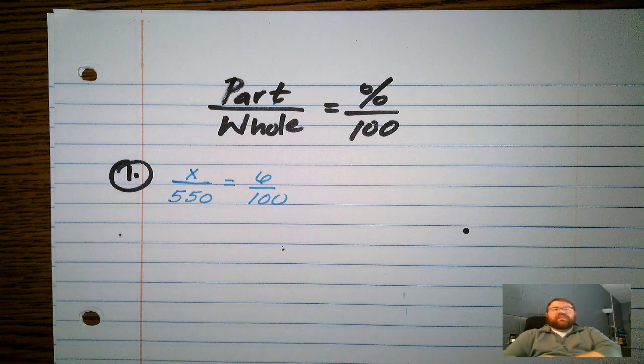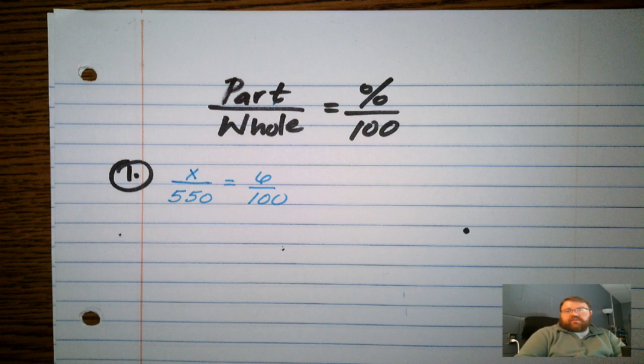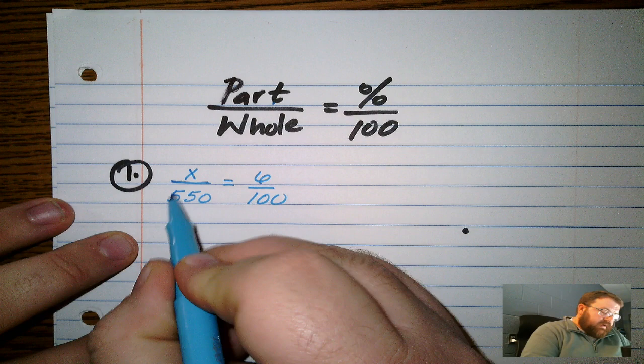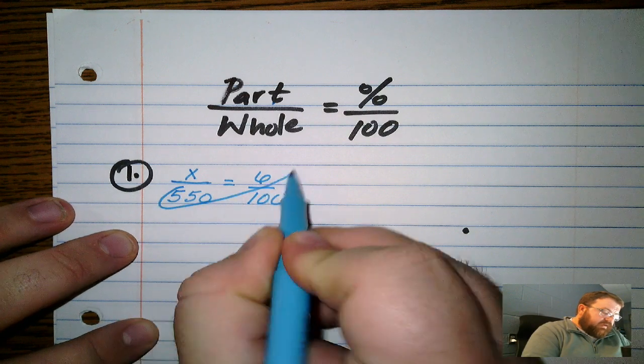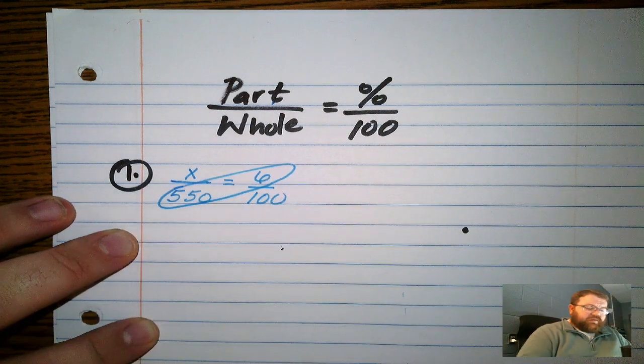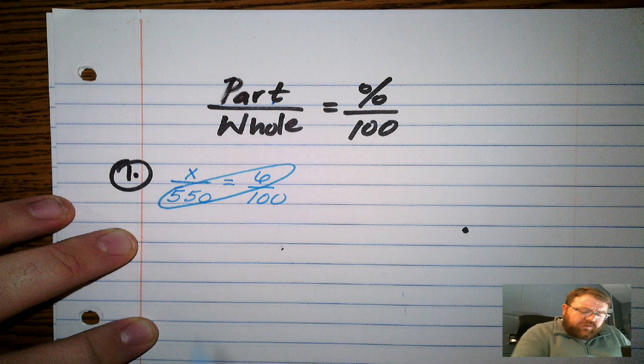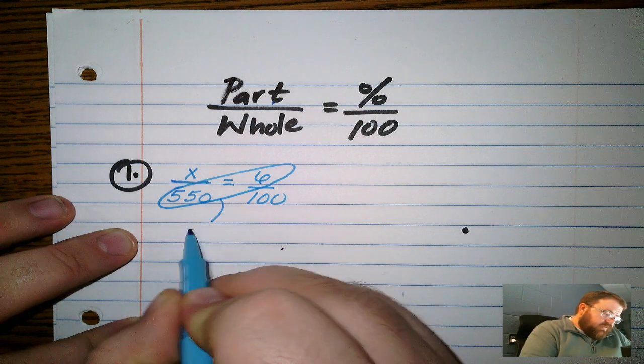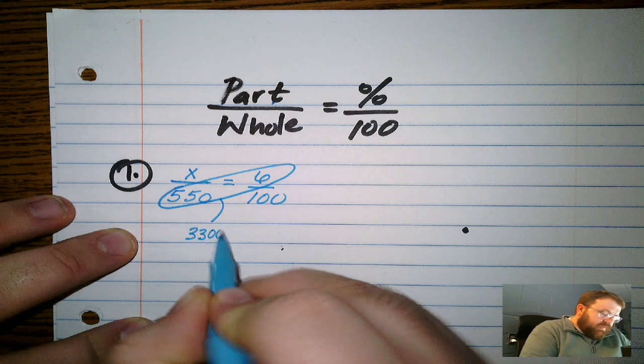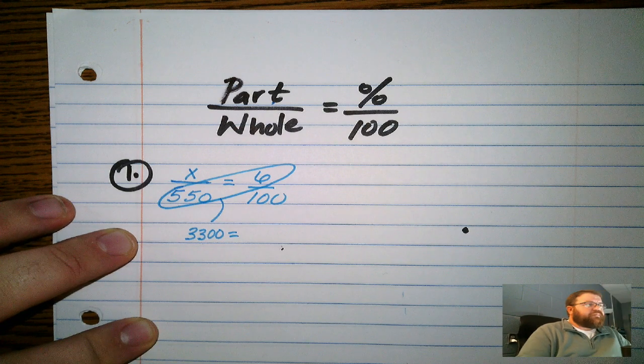Now, when we solved these during the first semester, we did this using what we called the butterfly method. In the butterfly method, we multiplied diagonally. So we multiplied 550 times 6, and 550 times 6 is going to be 3,300. Bring down my equal sign.